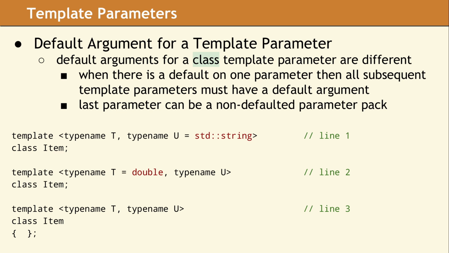If you were to swap line 1 and 2, this example would not compile, since the parameters must be defaulted in order from right to left. We also tried adding another default argument for parameter u on line 2, which also did not compile.